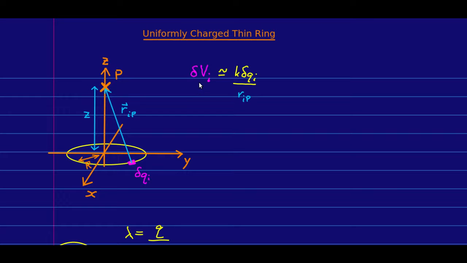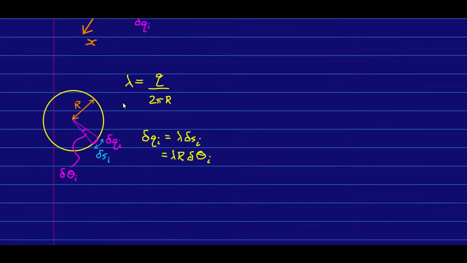Well, let's do the uniformly charged thin ring again. So here is the geometry, and we're going to have exactly the same definition for delta Qi that we had when we did the field.